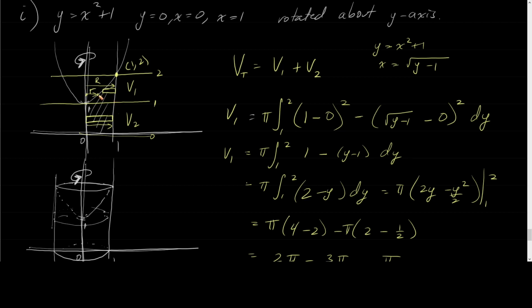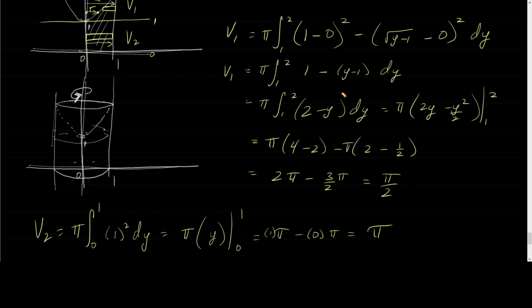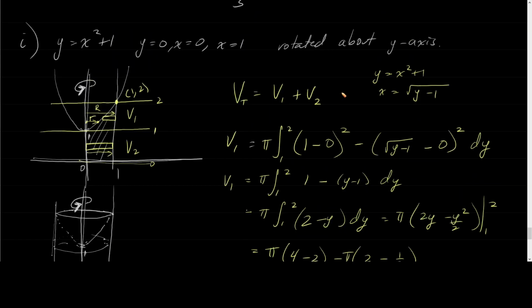And the little radius is just from here to there. But because we're rotating around a vertical axis, everything needs to be in terms of y. So all of these needed to be in terms of y, which is the reason why we needed to change this function to be in terms of y.